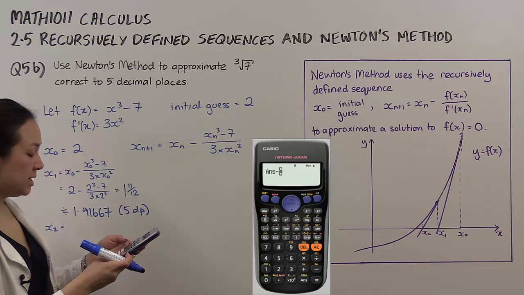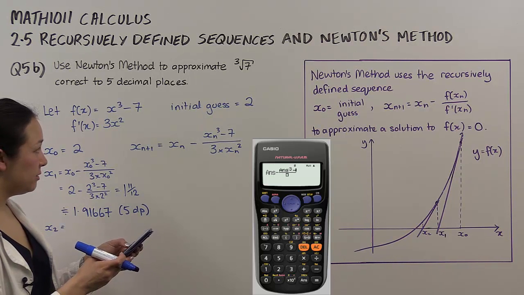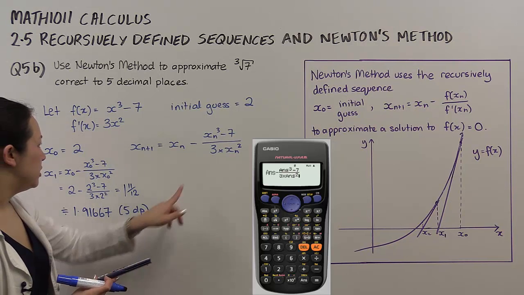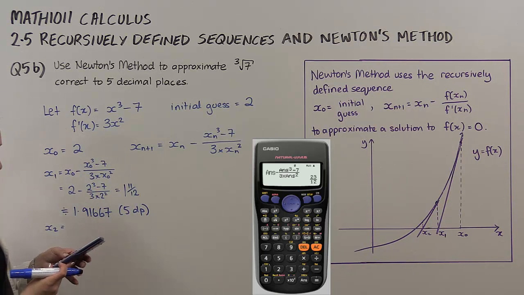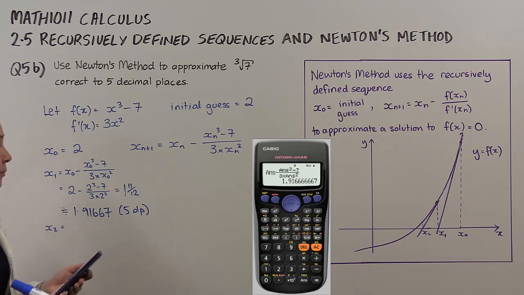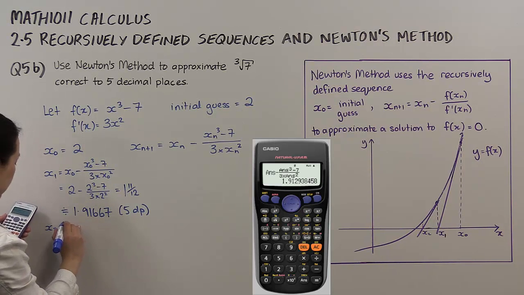So I want the answer minus the answer cubed minus 7 all over 3 times the answer squared. So if I press equals then, that should give me this 1 and 11 twelfths, which is 1.91667 to 5 decimal places. If I press equals again, I'm going to get the next term in the sequence.